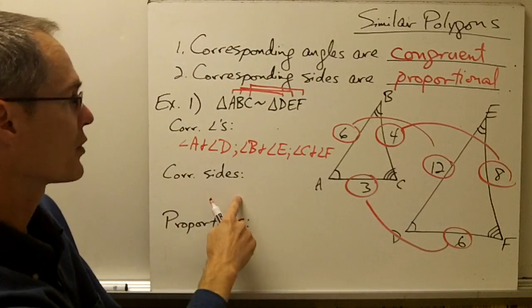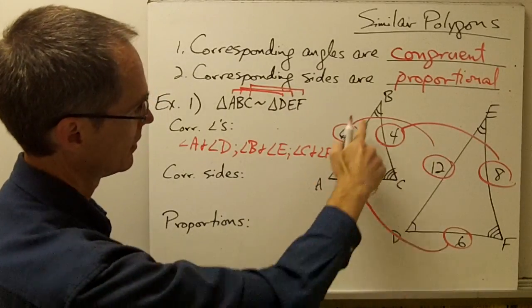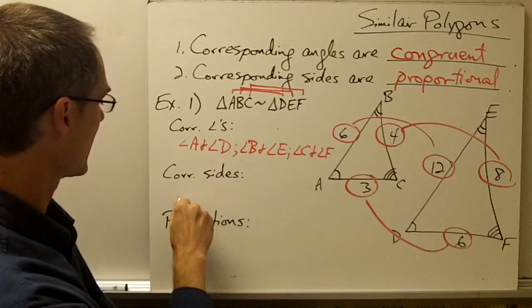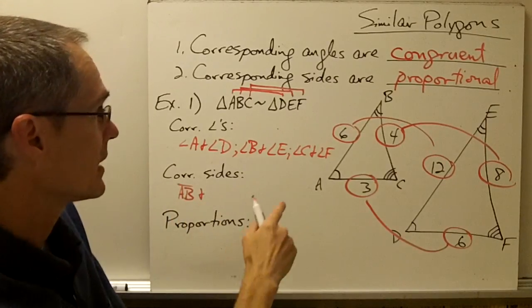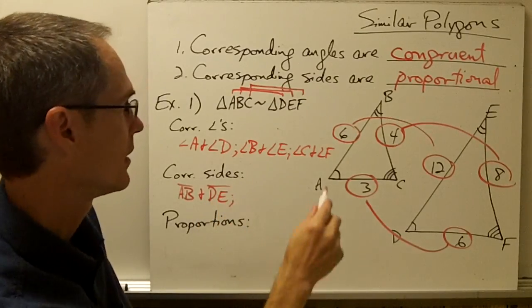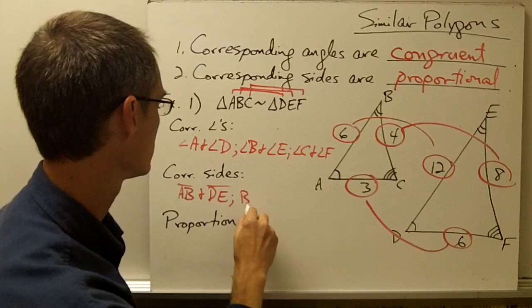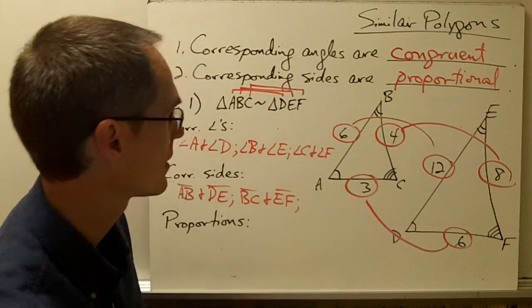So I would say my corresponding sides then would be, if I name these using the labels for the sides, this would be side AB and DE are corresponding sides. BC and EF are corresponding sides.